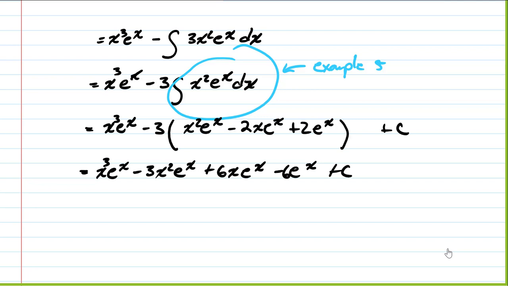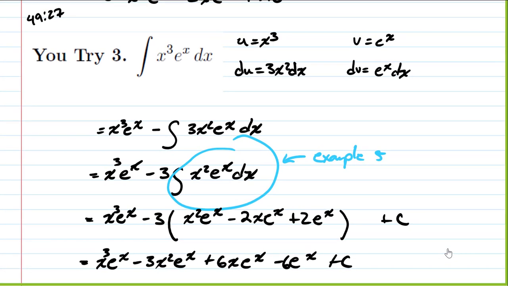plus c, right? So a couple of observations. If we didn't know example number 5 and have that answer already, we would have had to do integration by parts again, right? And then if we didn't know the answer to number 4, we would have had to do integration by parts again. As a matter of fact, our integrand started with a degree 3 polynomial and an e to the x. All told, we would have had to do integration by parts 3 times, which is the same as the power on our polynomial, right?